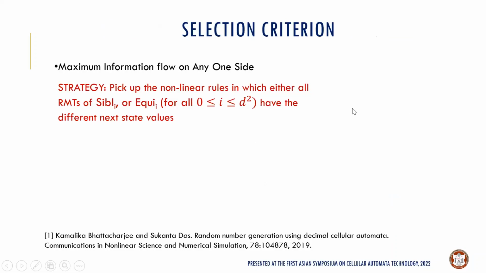Now our selection criteria is we want maximum information flow in any one direction. So the strategy is we can pick up the nonlinear rules in which either all RMTs of SIBLI or EQI have different next state values.